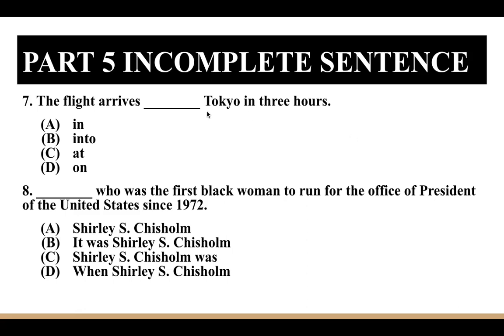The flight arrived Tokyo in 3 hours. Flight arrived Tokyo in 3 hours. Arrive in, arrive into, arrive at, arrive on. Tokyo, this is easy, it must be in. Is that right? So we deal with preposition here, the answer we go for A. So basically you can specify the preposition in that certain context or location here.